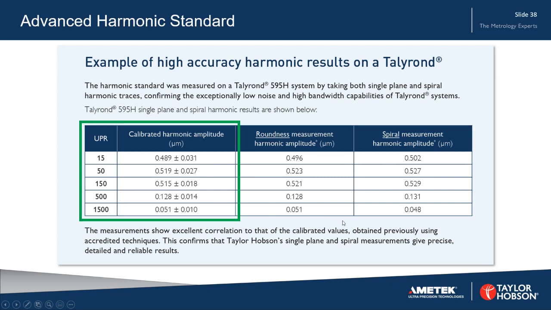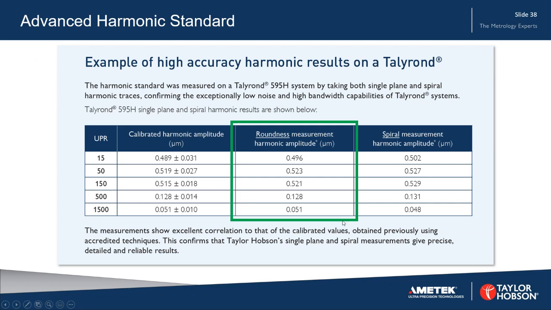And measuring a single plane, just like we've just seen in the video clip, we get these results, and these are very, very typical. We're only a few nanometers different from the measured results, and that's for single plane measurement.